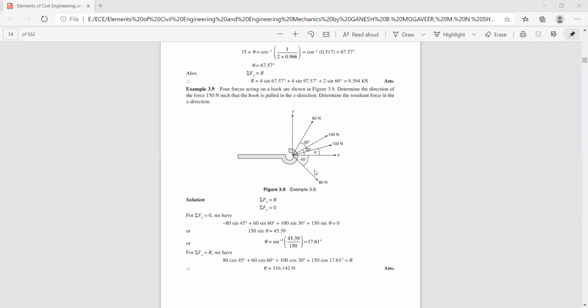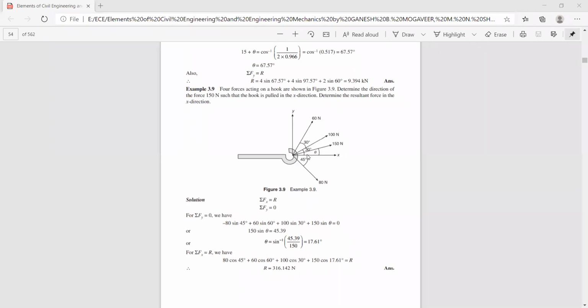We shall deal with the forces one by one. Always select the reference axis first. If you resolve this force, its vertical component is minus 80 sin 45, plus 60 sin 60, plus this 100, which makes an angle of 30 degrees, so 100 sin 30.